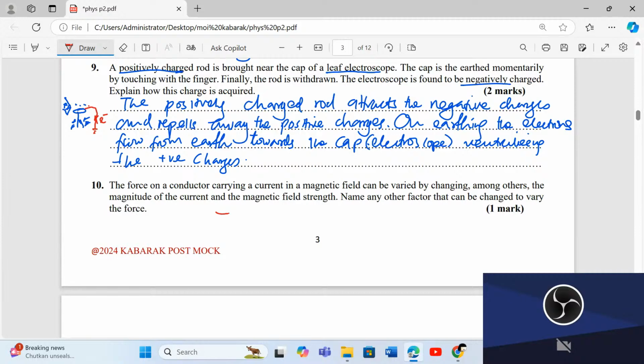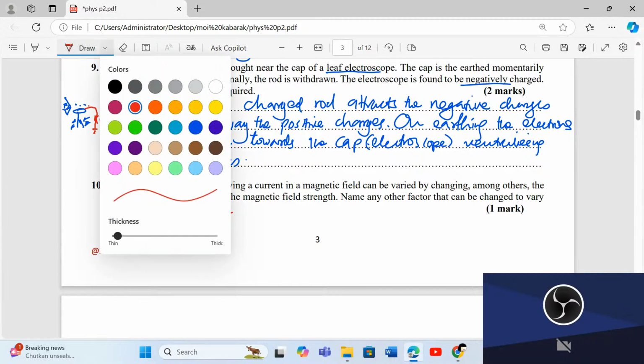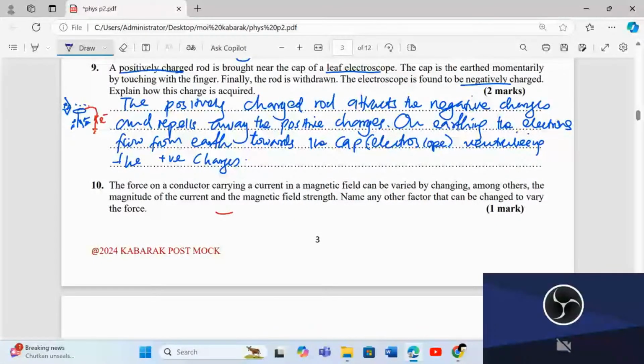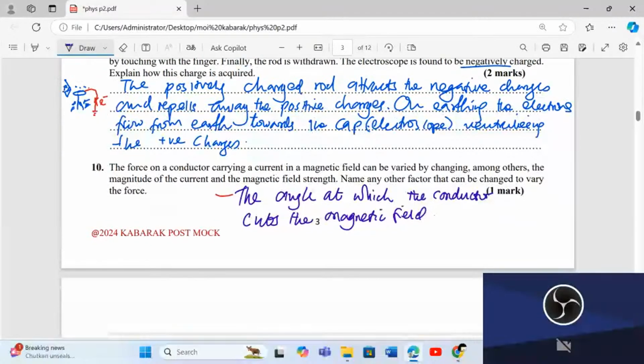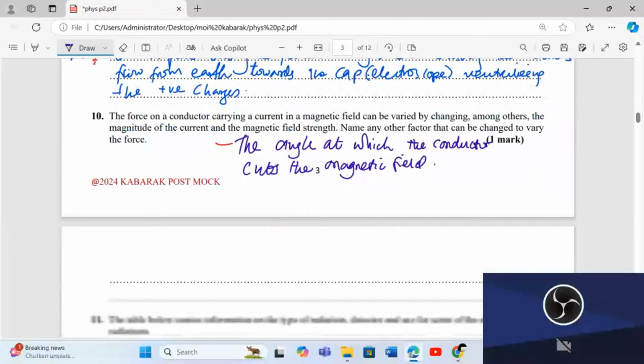The remaining factor we have is the angle at which the conductor carries the current in the magnetic field. So we expect maximum force when it is at 90 degrees. That is where we expect the maximum force.